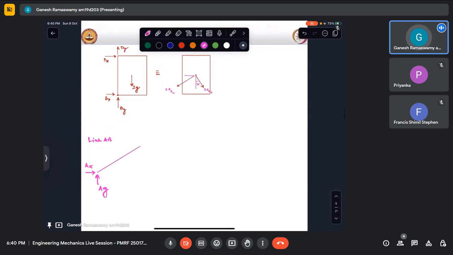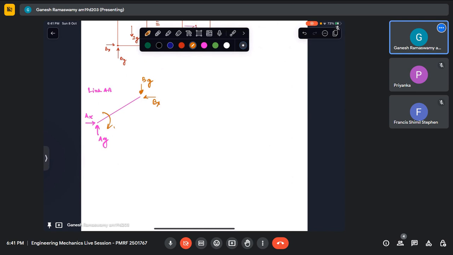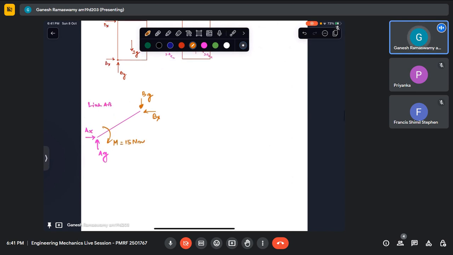Since I have already specified the directions of Bx and By, by Newton's third law this also becomes known. The direction gets fixed. So this will be By, similarly this will be Bx. And then I have a moment of 15 Newton meter.